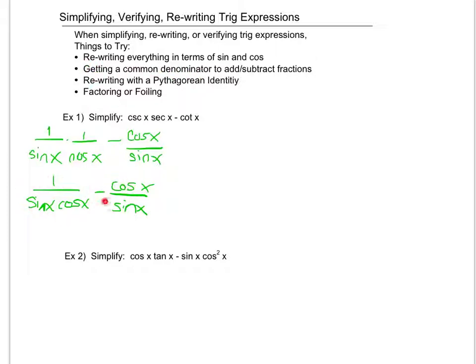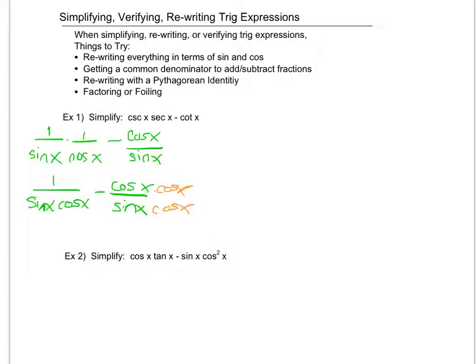So I notice that the common denominator between these two fractions, they already both have a sine x. What I'm missing or lacking over here is a cosine of x. So I'm going to go ahead and multiply this second fraction, top and bottom, by cosine of x in order to get that common denominator.